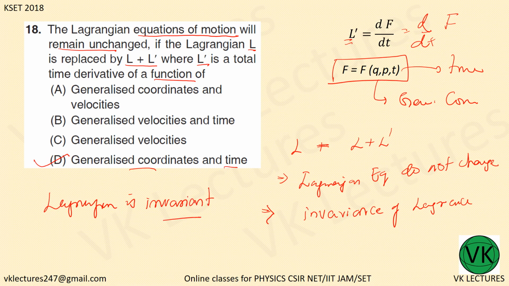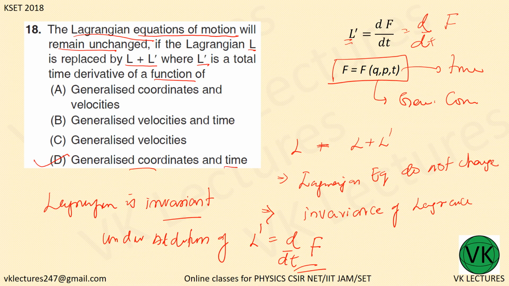Lagrangian invariant also means this statement: Lagrangian equation of motion does not change, invariant under addition of L dash, which is equal to the total time derivative of f.